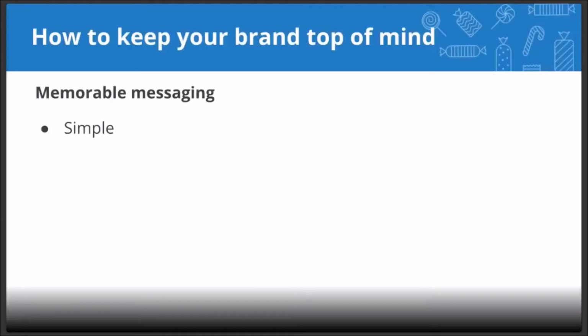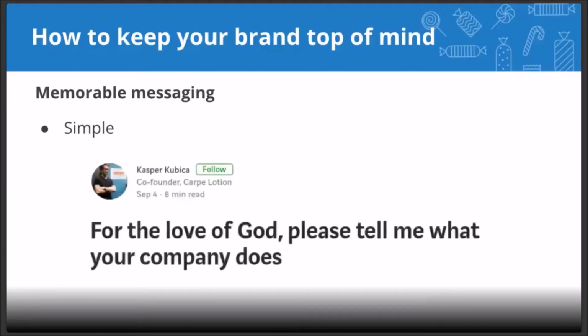So this is what we call memorable messaging that I mentioned earlier. So make sure that your messages are simple. This is a really good article that I recommend you all to read. As you can see there, it says, "For the love of God, please tell me what your company does." This is an article I found very, very good, because there's a lot of company websites right now that are trying to give a very high-end overview of what the company does.